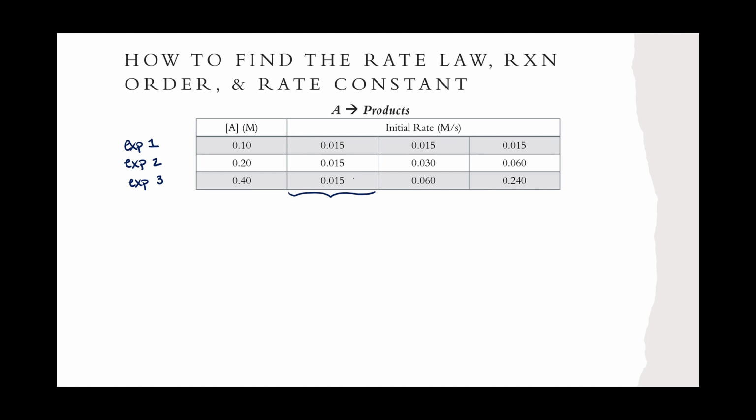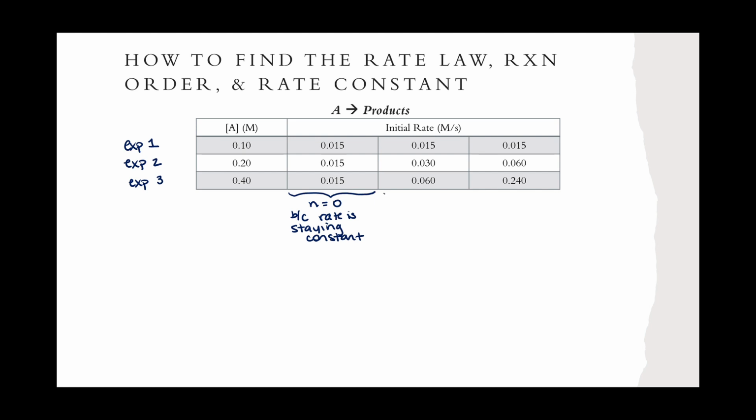And if we remember from the previous slide, if our rate is independent of our concentration, then we have a reaction order of 0. So n in this case would equal 0 because the rate is staying constant.